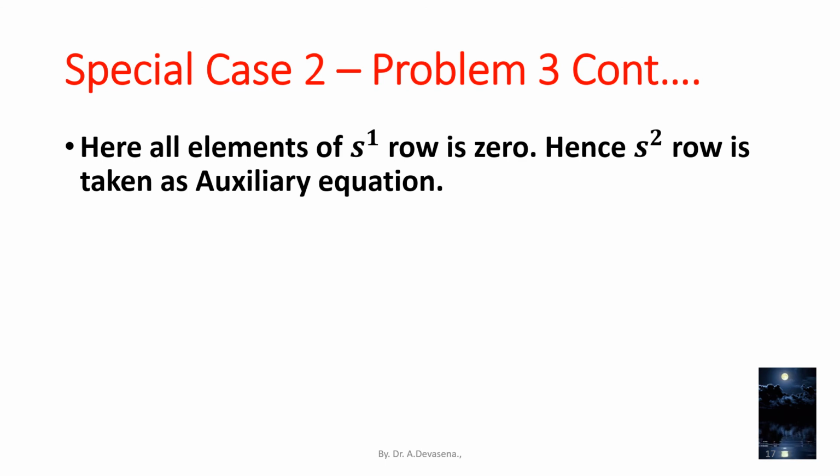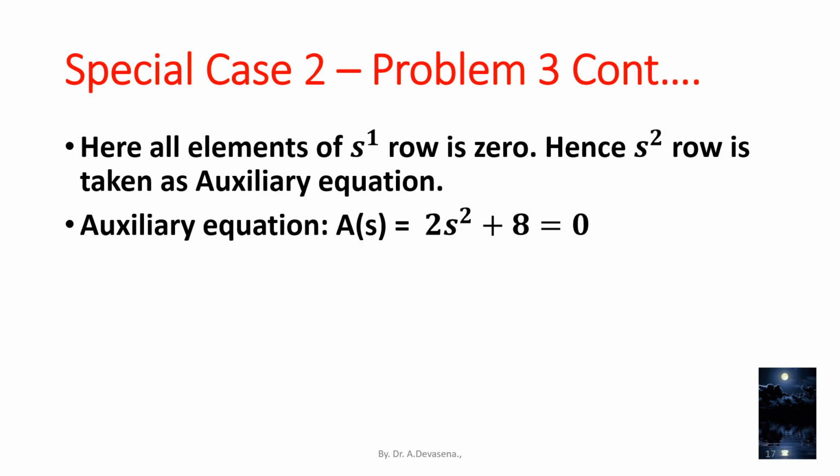For solving this special case 2, we have to consider the row just prior to the 0 row. Here s^1 row is having 0 values, so we have considered the auxiliary equation from s^2 row. That is, auxiliary equation A(s) is equal to 2s^2 + 8 is equal to 0.